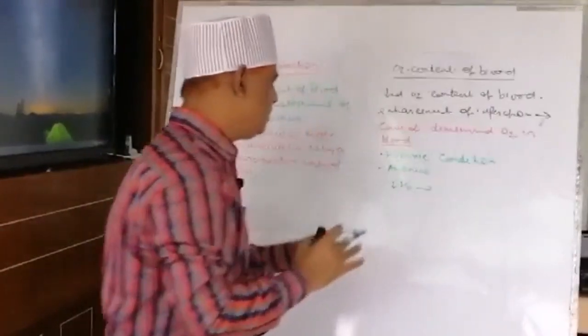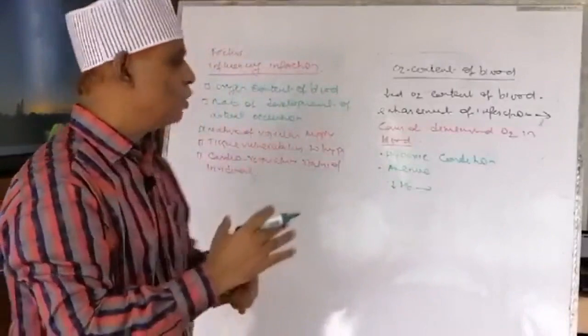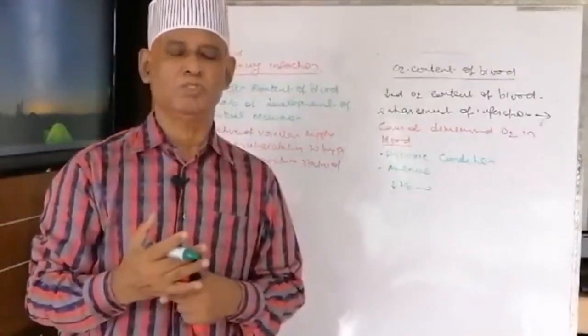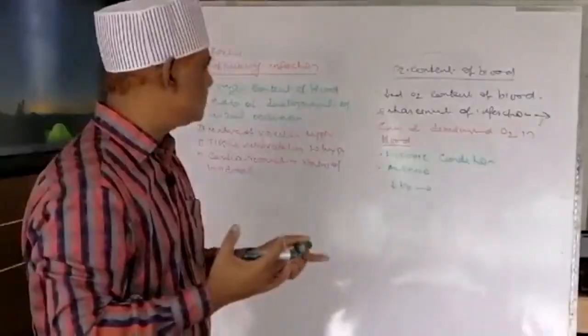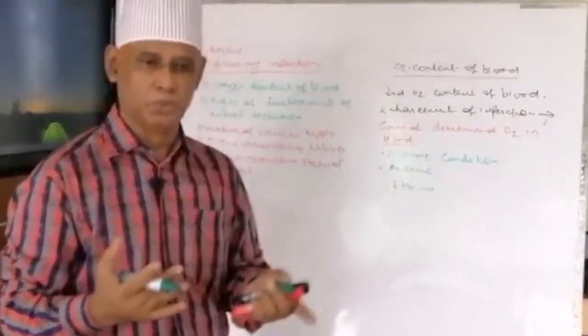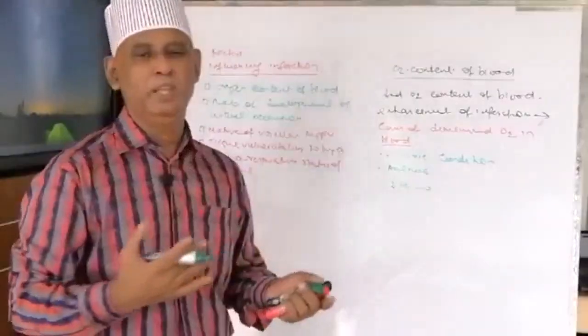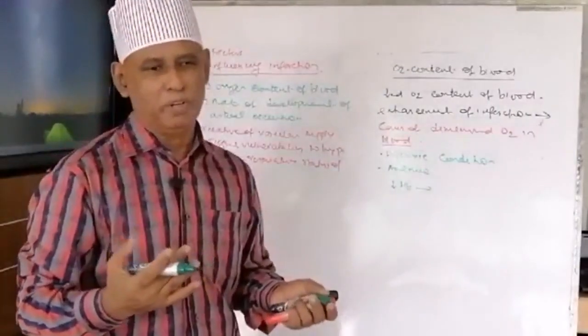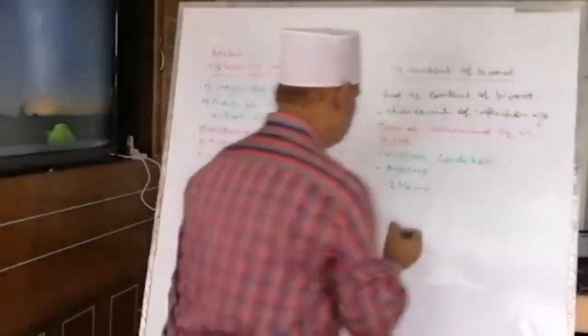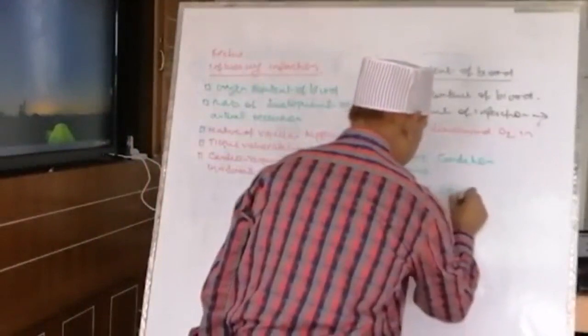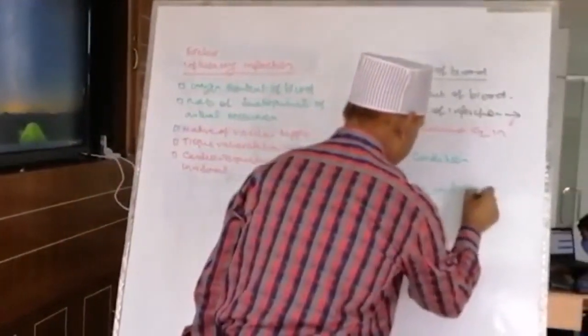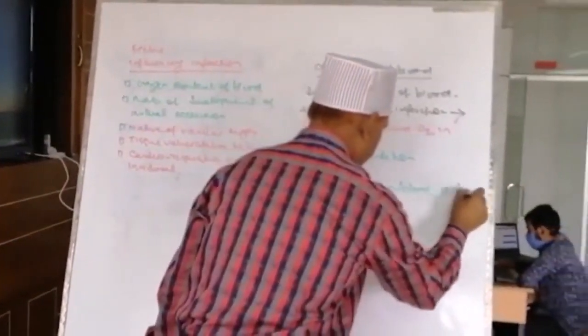As hemoglobin is decreased, so oxygen carrying capacity in the blood is decreased. You know oxygen is carried by hemoglobin in the tissue. As there is reduction of hemoglobin, so oxygen content in blood is diminished.